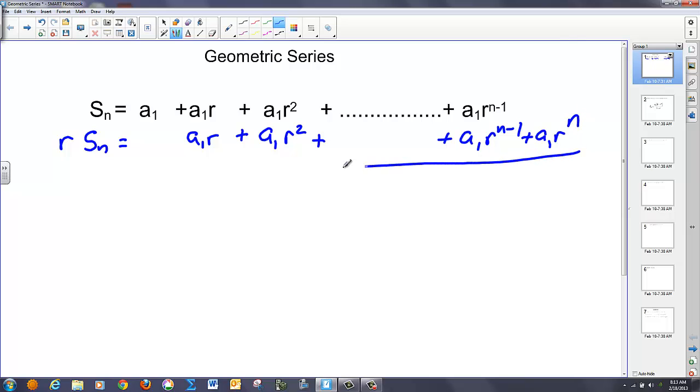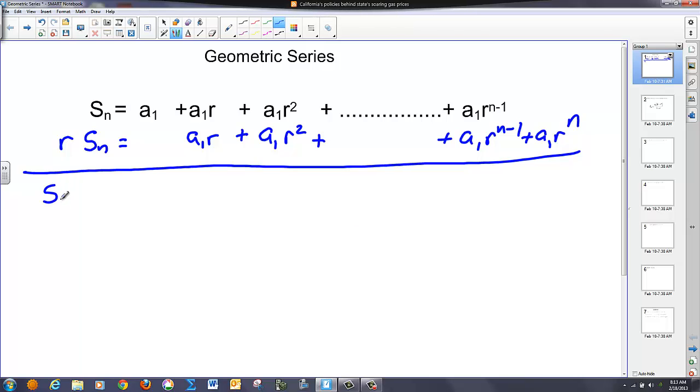And then he said, well, look at all this stuff I have lining up under each other. What if I was to take and subtract the bottom term from the top term? What's that going to get me? Well, it gets me the series minus the ratio times the series is equal to the first term, all these middle terms went away, minus the first term times the ratio to the n power.